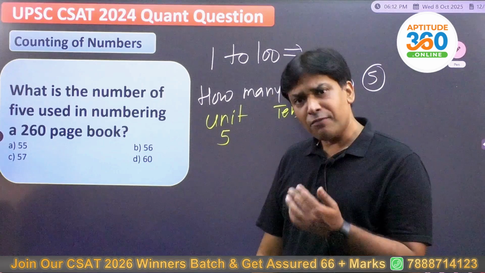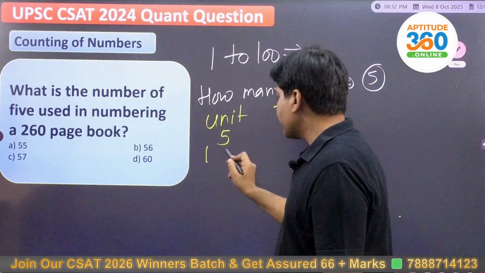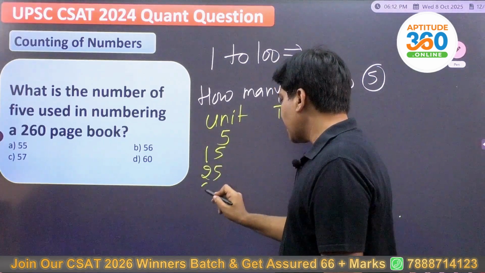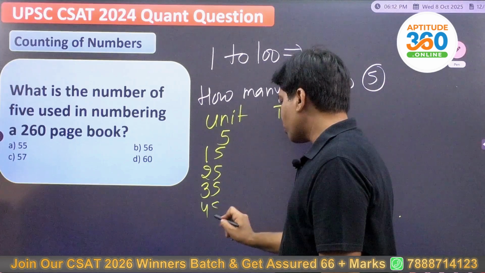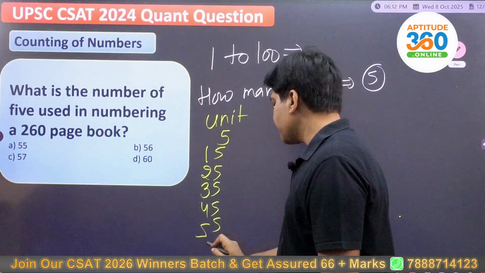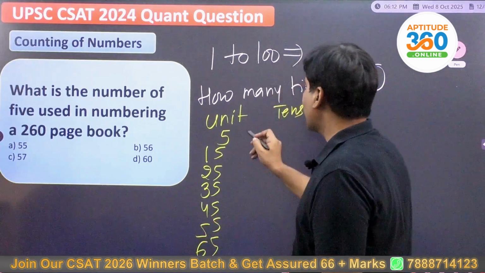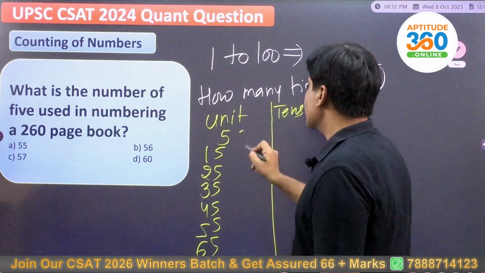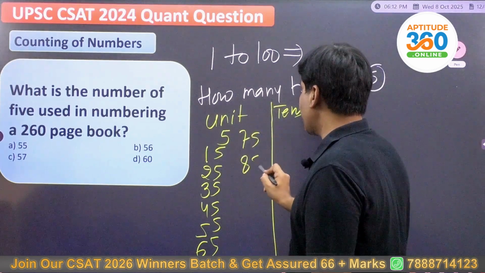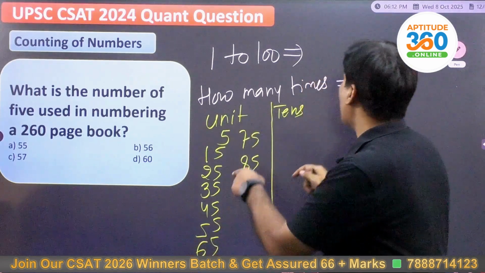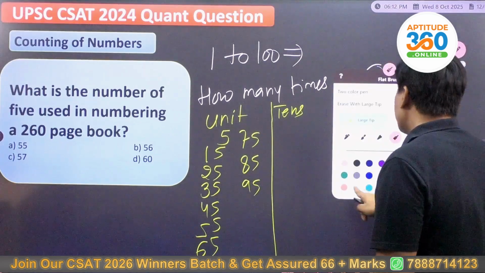For the very first time, 5 will be at 5, and then 15, 25, 35, 45, 55, 65, 75, 85, and 95.